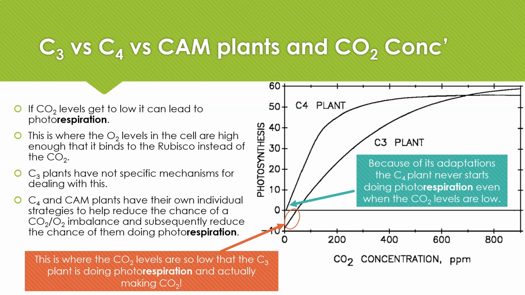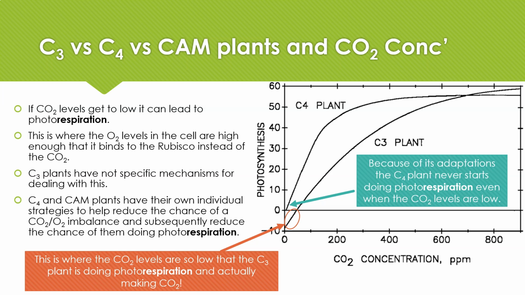You may notice at the other end, the top end of the graph, where the carbon dioxide levels have gotten really high, that the C3 plant suddenly gets above the C4 plant. That's just because, at the end of the day, C3 plants don't have any specific mechanisms and they do the most basic form of photosynthesis, which is actually the most efficient form. It's just really bad for them when the carbon dioxide levels are low, and so that's where their negative is.